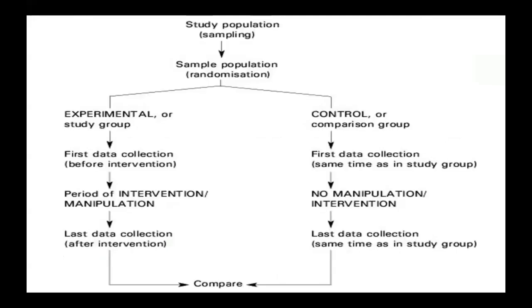So this is the chart showing the experimental on one side and the control on the other. A very important point: it does not mean that if you have 10 people in the experiment, you have 10 people in the control. You can get 9, you can get 11.